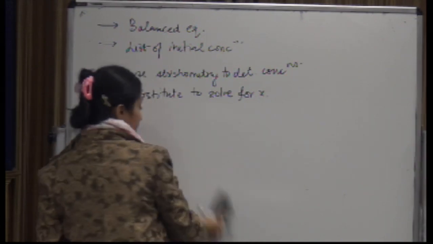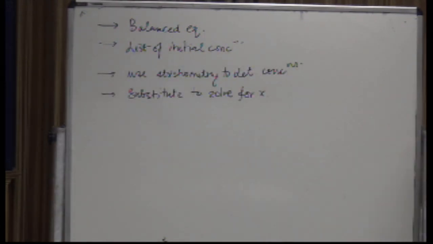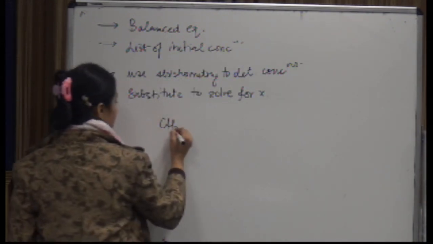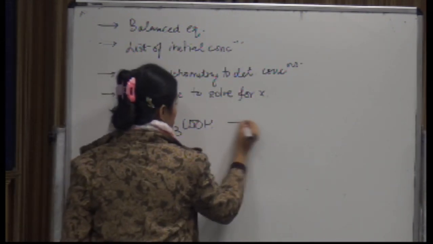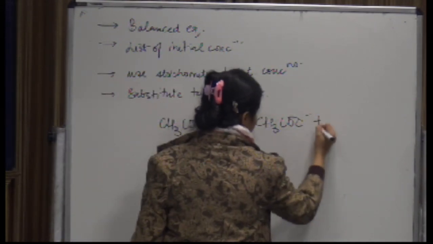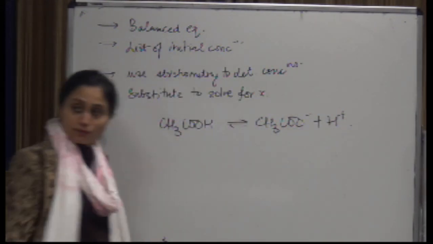And using this you can also work with weak electrolytes, like the weak electrolyte CH3COOH. It will be weakly dissociated to give CH3COO minus plus H plus.